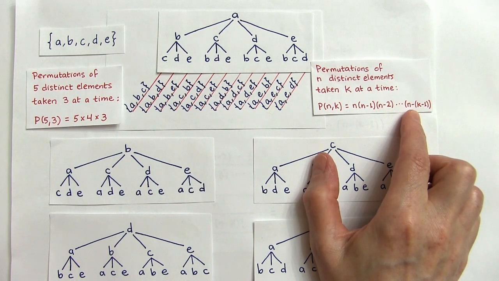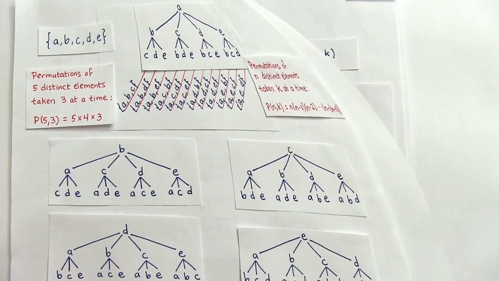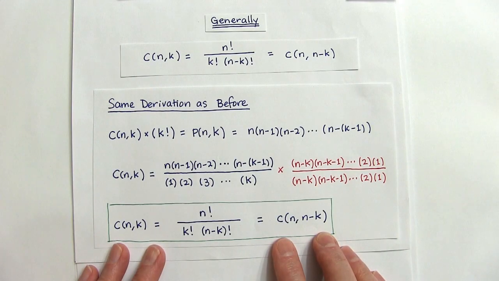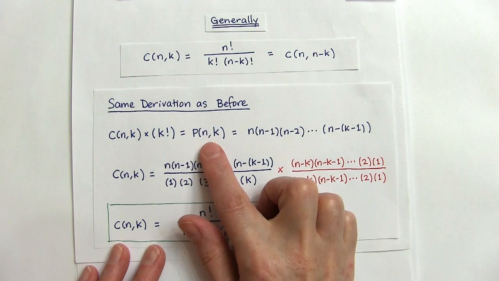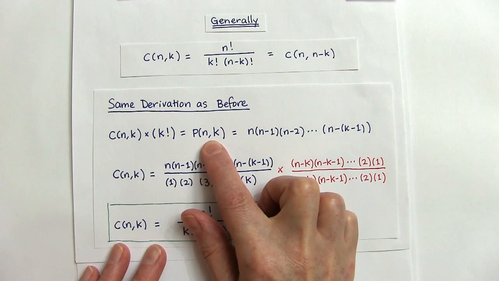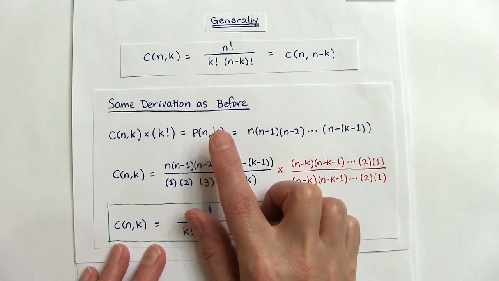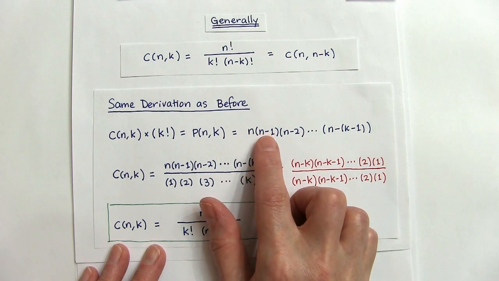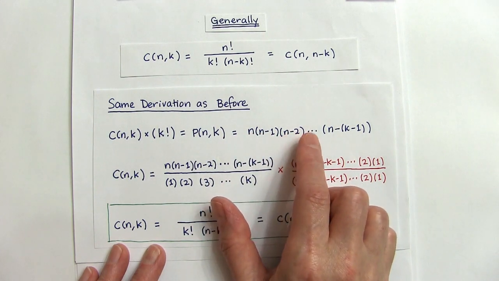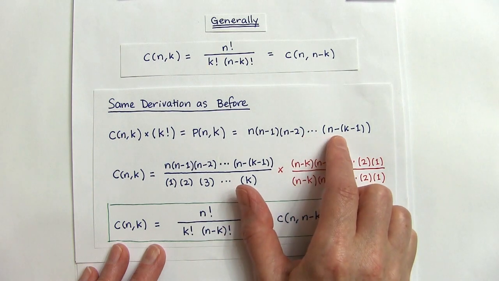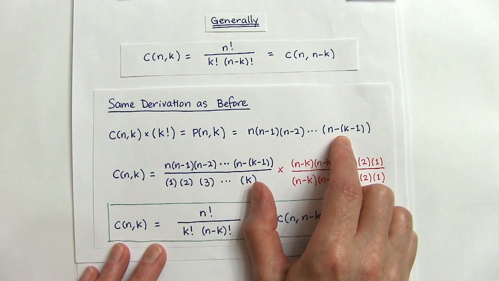And then the number of ways to choose the kth object is n minus the quantity k minus 1, because we chose k minus 1 objects before we chose the kth and final object. So on the one hand, the number of permutations of n distinct objects taken k at a time is equal to n times n minus 1 times n minus 2 times, and so on all the way down to n minus the quantity k minus 1.